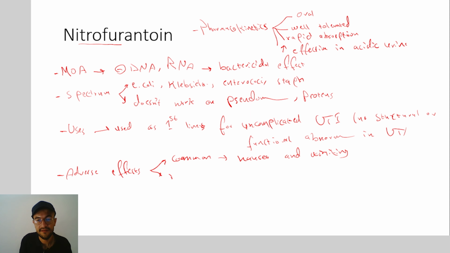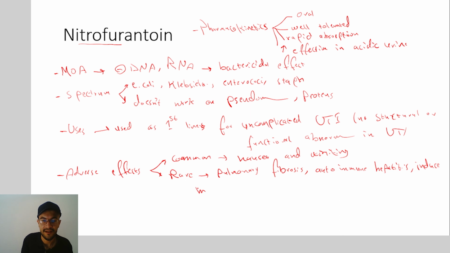And we have the rare adverse effects, and those include pulmonary fibrosis, also autoimmune hepatitis, and it can induce a hemolytic anemia attack in patients with G6PD deficiency.